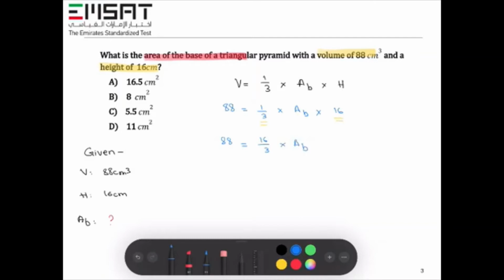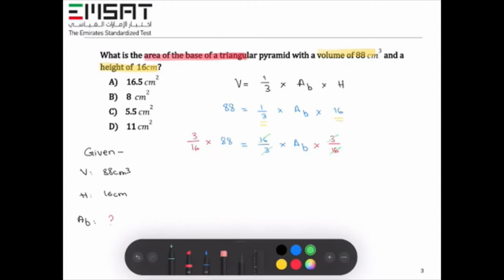To get rid of 16 over 3, multiply each side by 3 over 16. Now, 16 and 16 will cancel out, and 3 and 3 will cancel out.